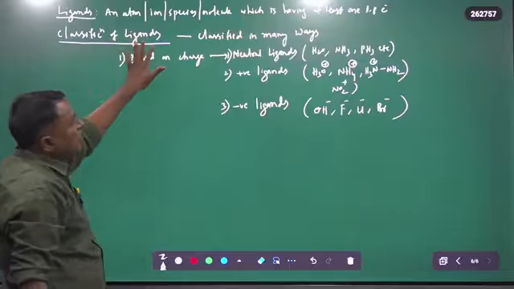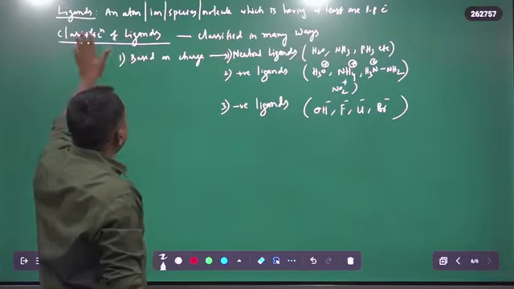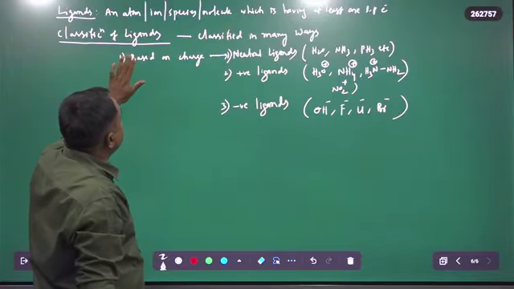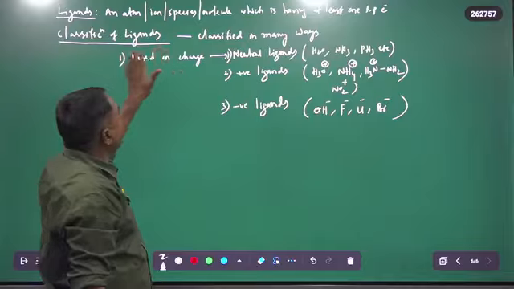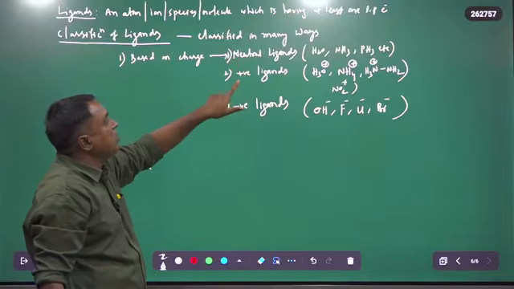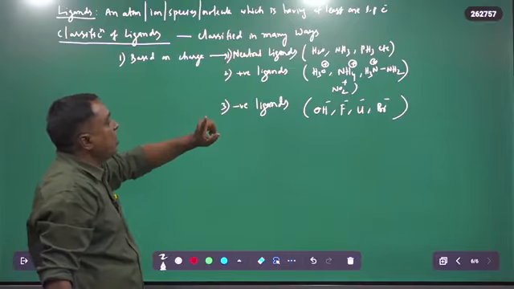This is the first classification, based on charge: neutral, positive and negative ligands.